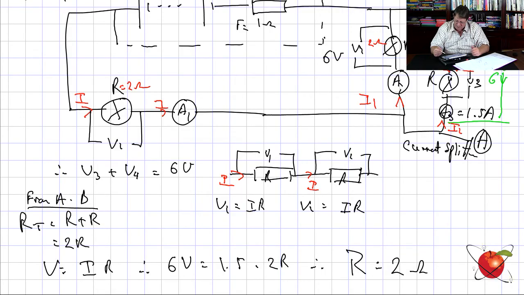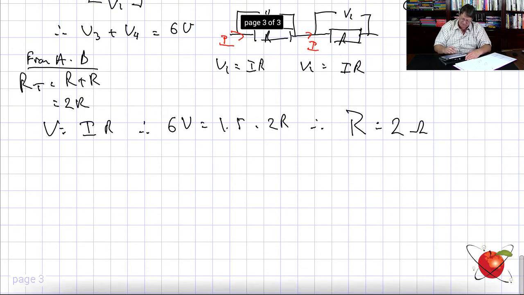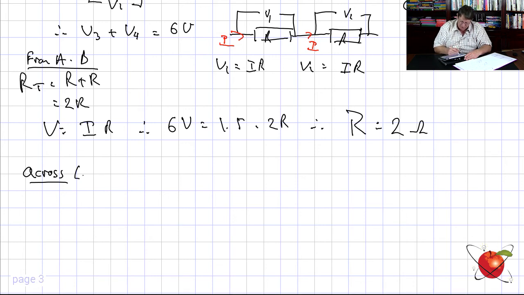Now we're in a good position, aren't we? Because I there is going to be 1.5. So hang on, we now know across this resistor here, we can say the following, can't we? Let's say across lamp 2.